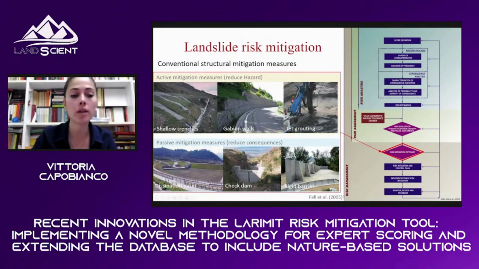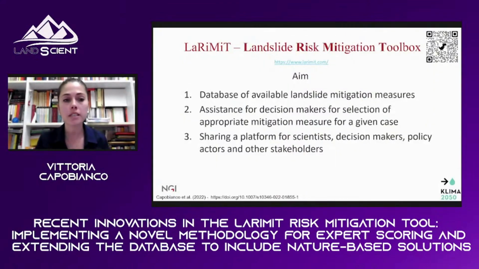On the other hand, we may also act on the consequence side, by implementing dissipation basins or structures that are aimed at dissipating the energy or containing the mass that is already propagating. So we allow the landslide to take place, but we try to reduce the impacts of the landslide on the elements at risk. So LaRiMiT stands for Landslide Risk Mitigation Toolbox.